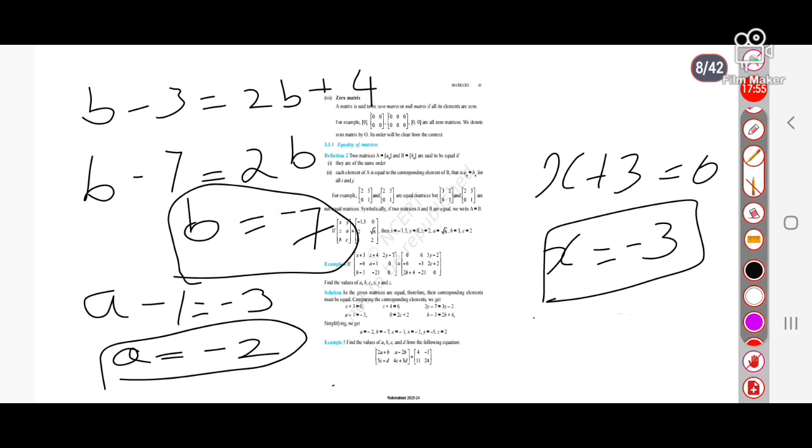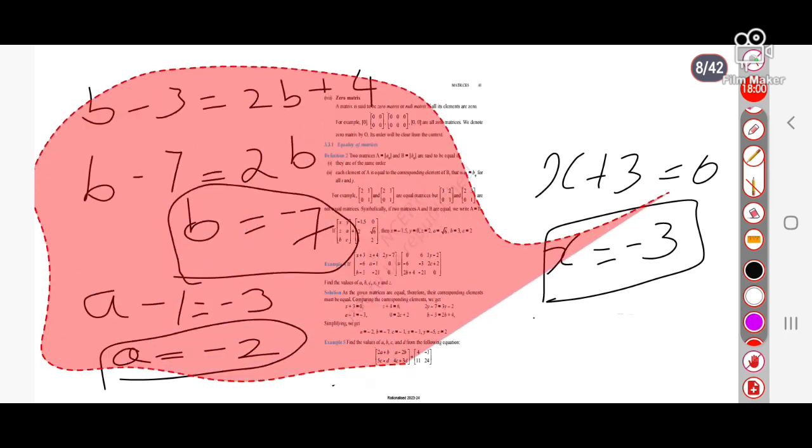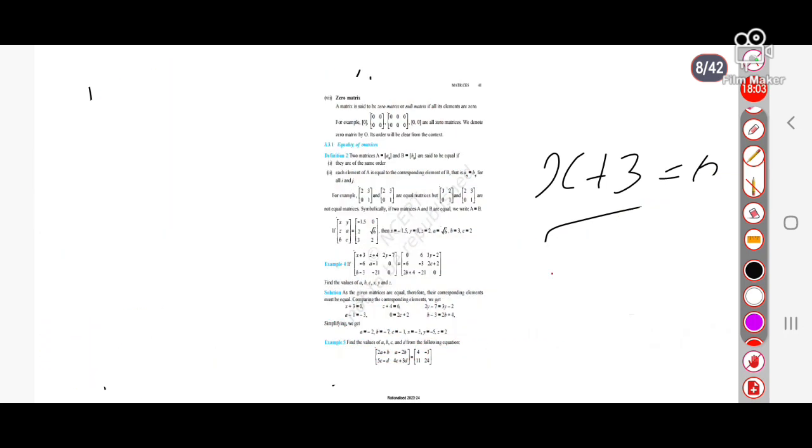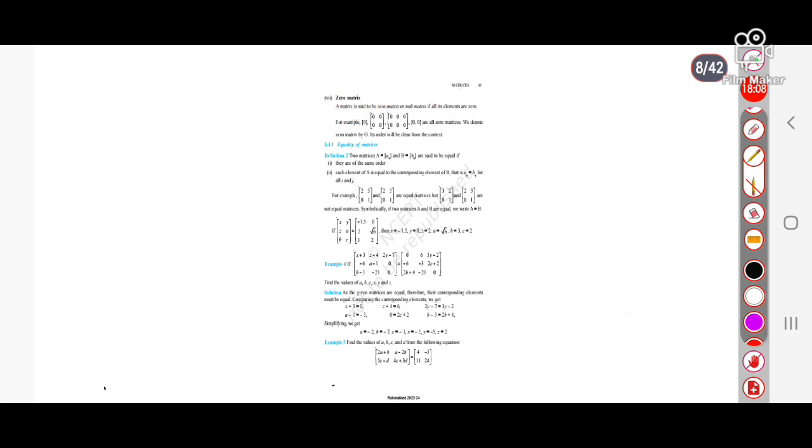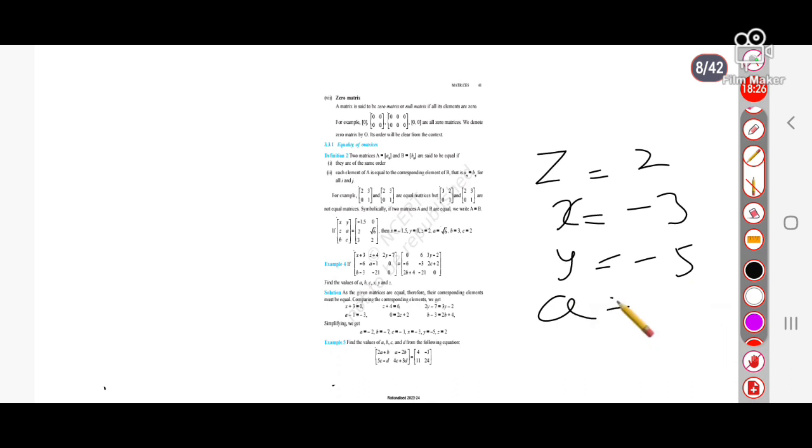Equating the z, we get z equal to 2. Again we saw x as minus 3, y as minus 5, a as minus 2, b as minus 7.